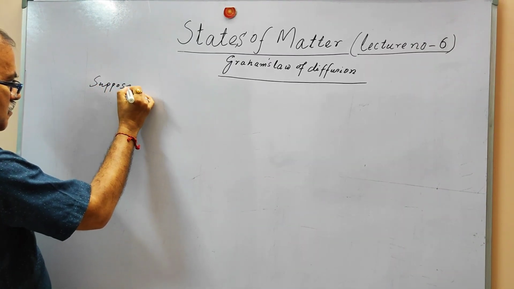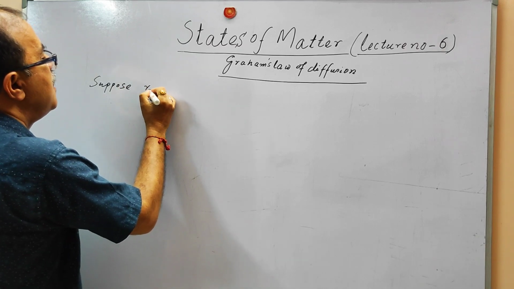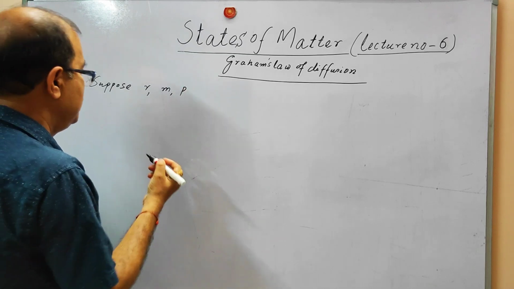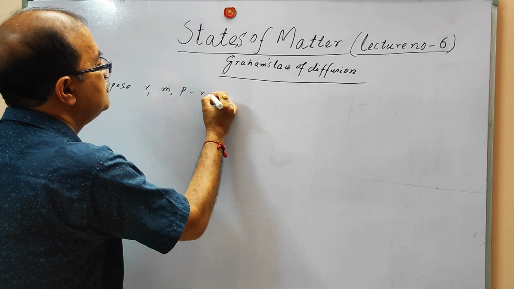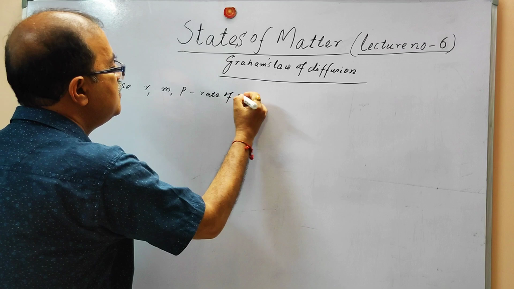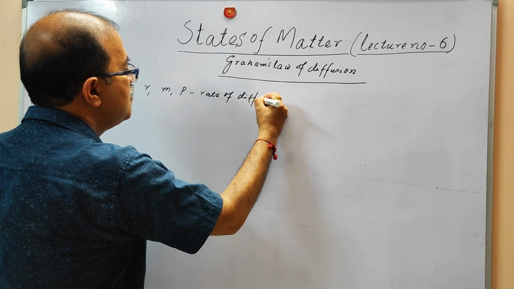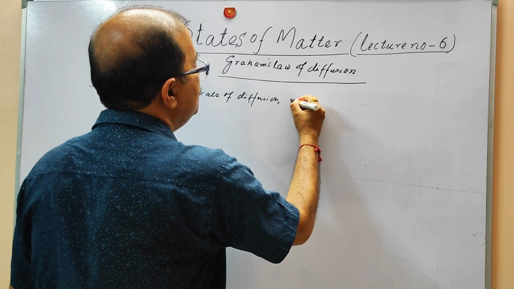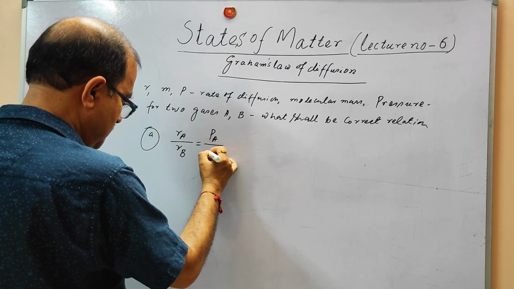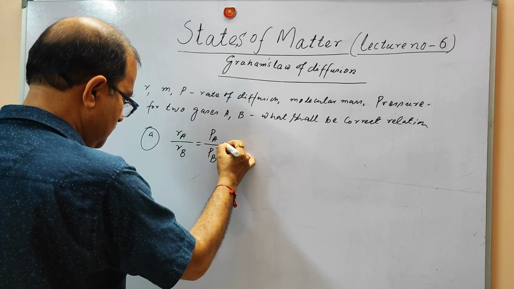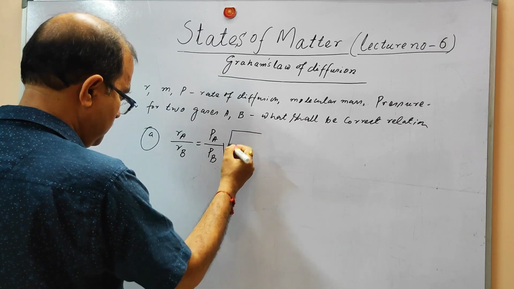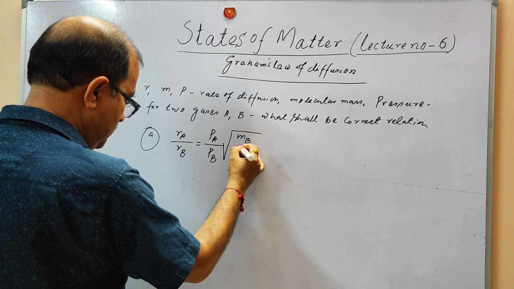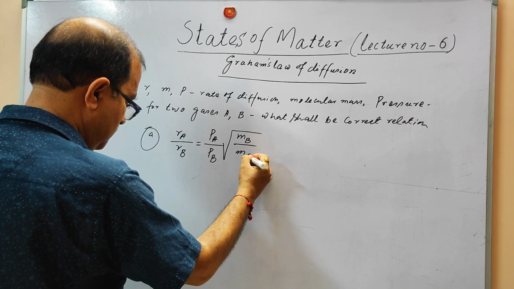Suppose R is the rate of diffusion. First option: RA by RB equals PA by PB root MB by MA.